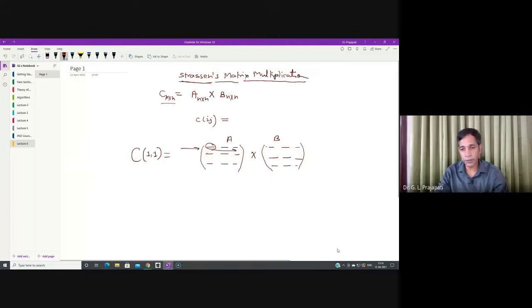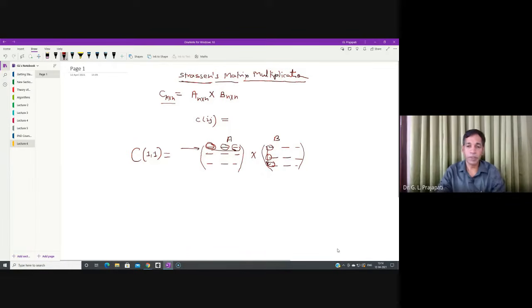You need to consider the first row of matrix A, and the first column of matrix B. You multiply this with this, and then this with this, and then this with this, and you add them, and finally you obtain the entry C11.